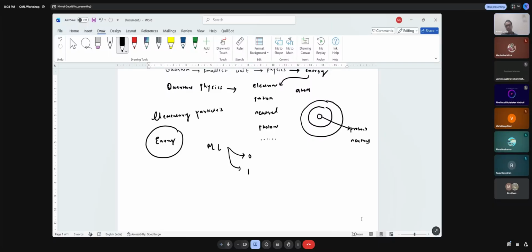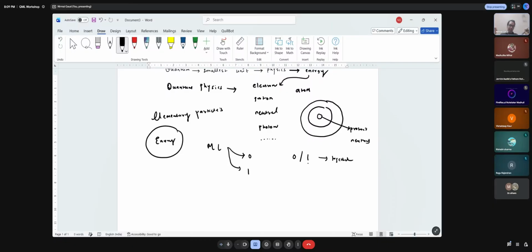But in quantum, there is a superposition of states. 0 and 1 can be present together also. How? Why? As I said, we are dealing with energy, we are dealing with small particles.